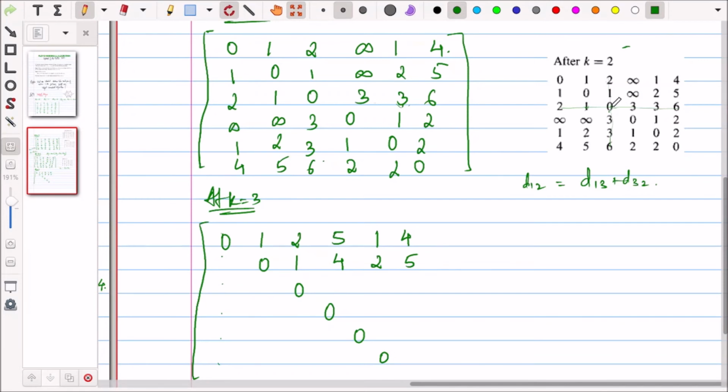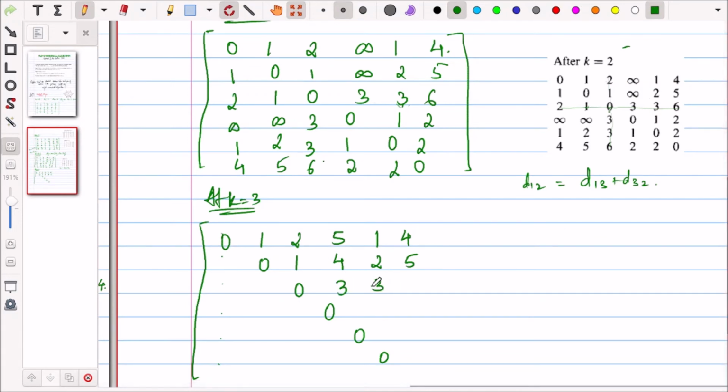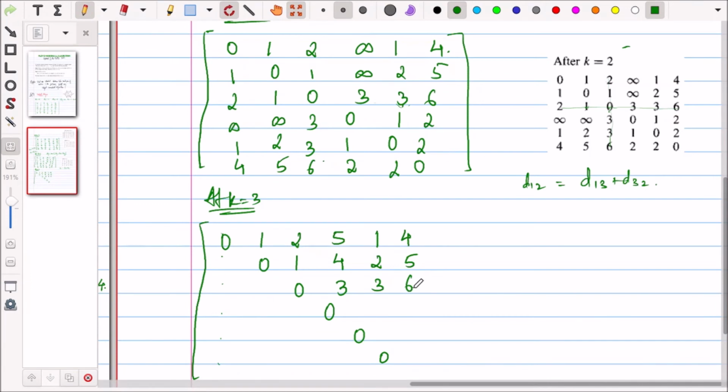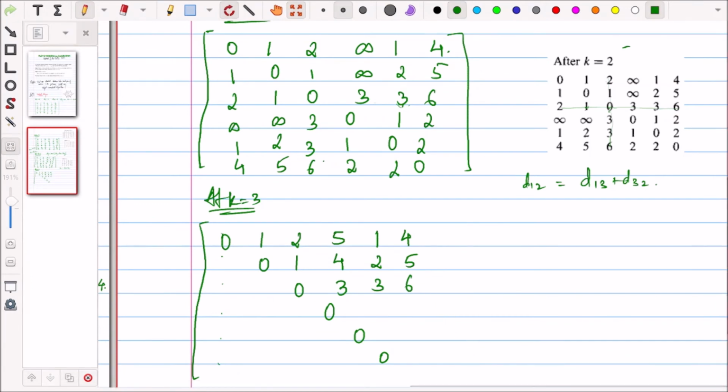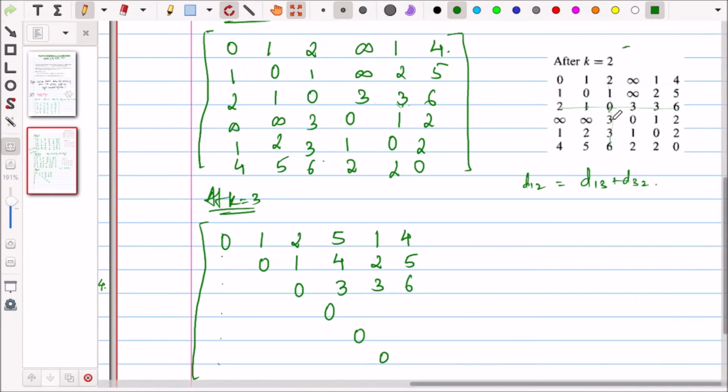So next entry, अब 0 ऐड करना है हमें इसमें 3 में. So 0 ऐड करेंगे तो बिल्कुल सेम ही रह जाएगा क्योंकि इसी में ऐड करना है. 0 plus 3, right? So it will be 3 3 6, no change, right? And then we will add 3 to this 3.